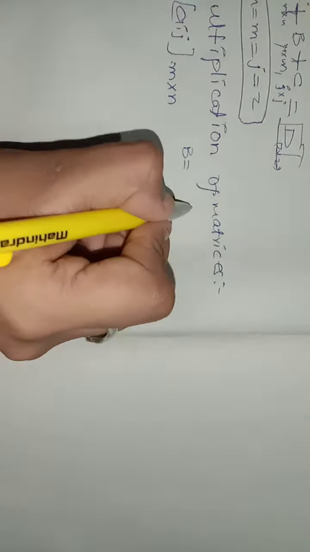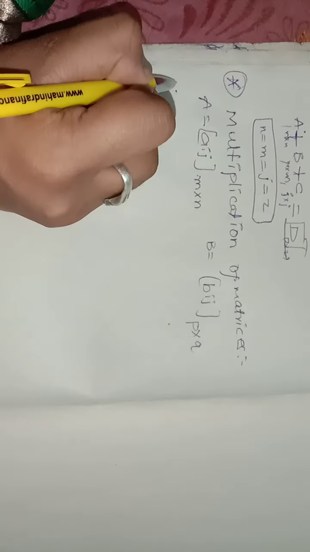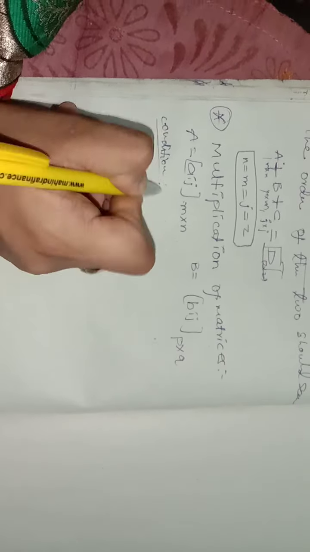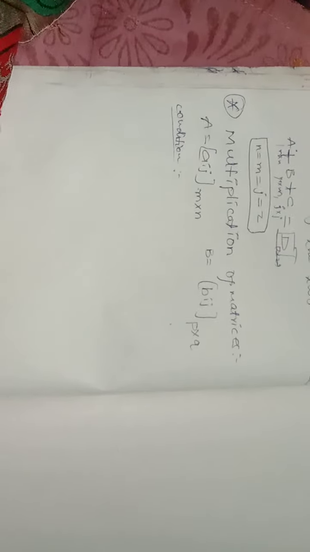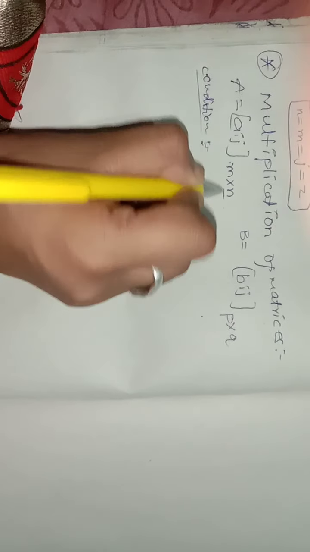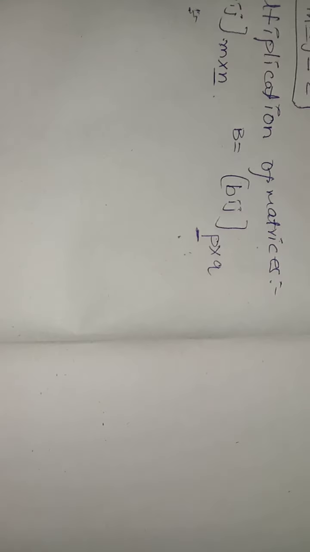So what is the condition for the multiplication of matrices? It is a noteworthy condition. The columns of the first matrix must be equal to the rows of the second matrix.